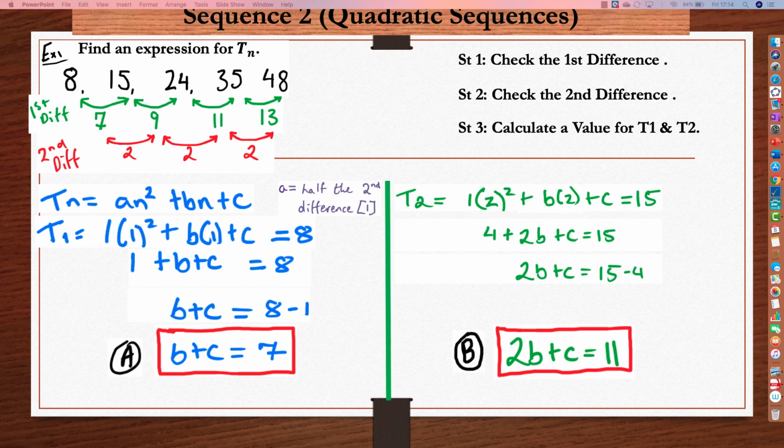So 4, 9, 16, 25, and 36. Finding Tn. So off you go. 4, 9, 16, 25, and 36. Get down as far as here with that.